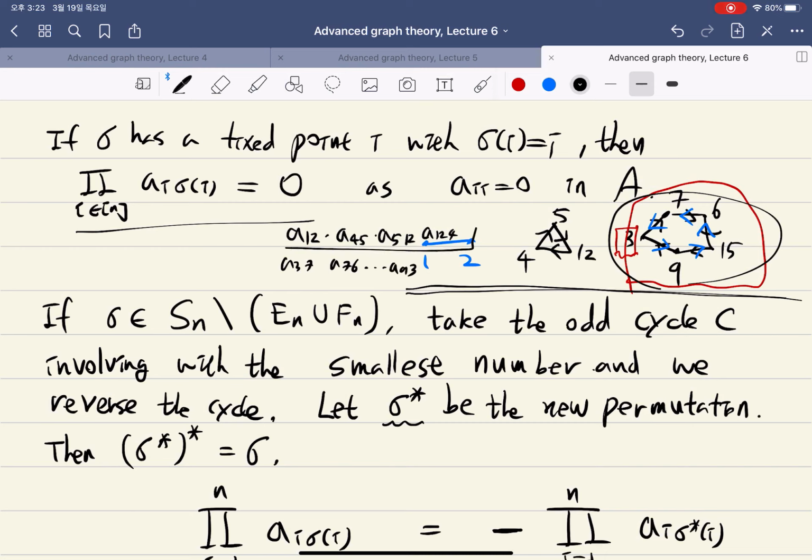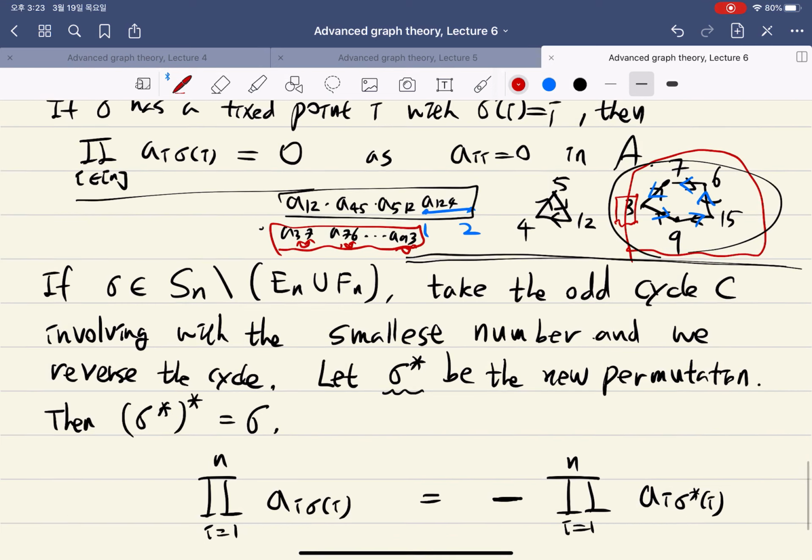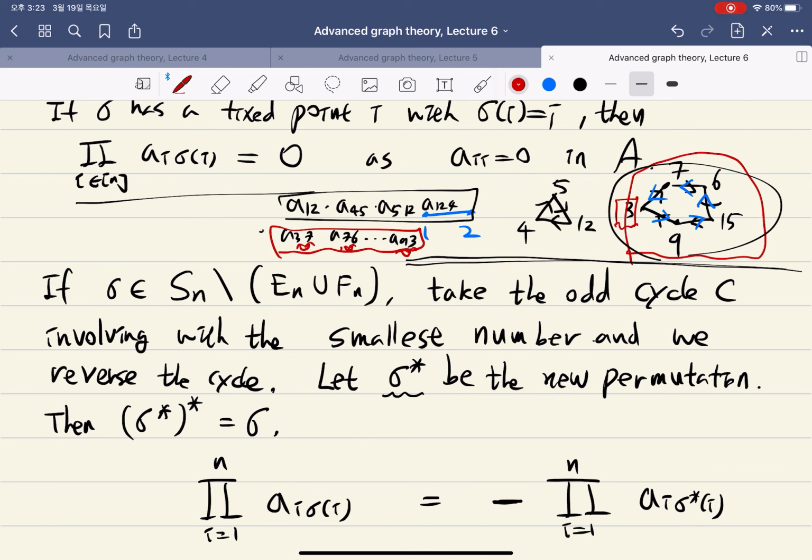So these terms all stay the same, but for the last terms, instead of a37, it becomes a73. So everything here is flipped. If you move from sigma to sigma star, these terms flip the sign, but how many terms flip the sign?